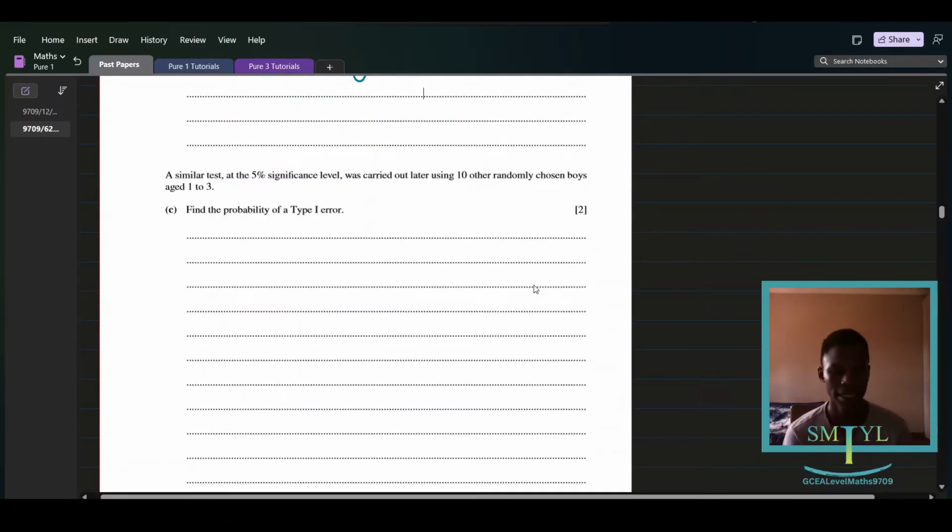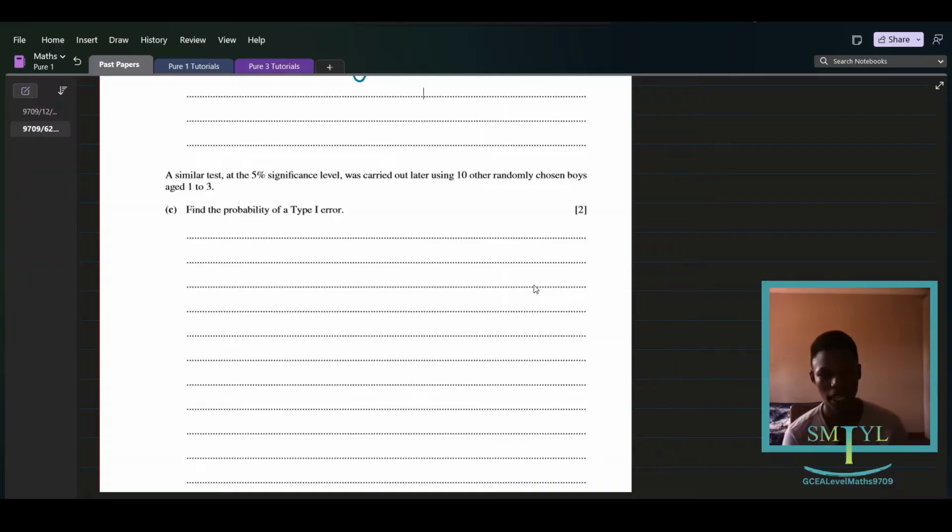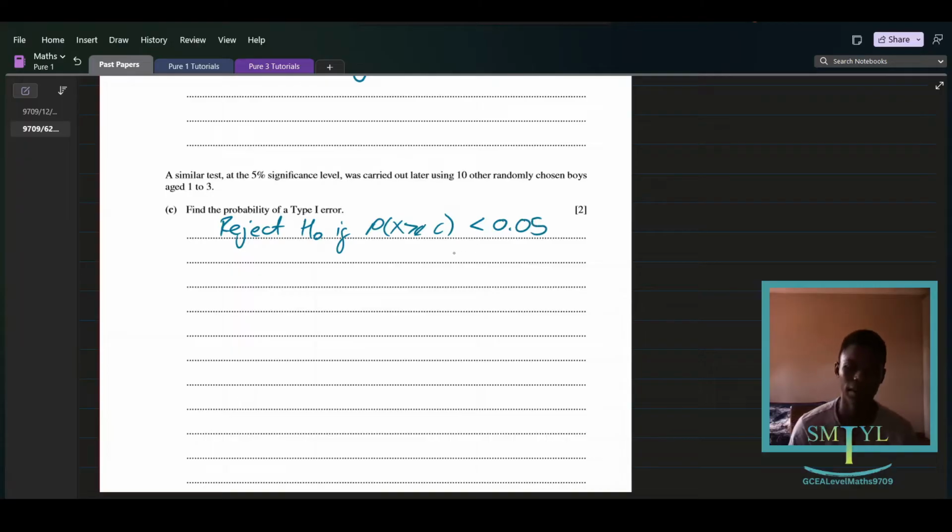A similar test at the 5% significance level was carried out later using 10 other randomly chosen boys aged 1 to 3. Find the probability of a type 1 error. Okay, so from our earlier test, we said our rejection rule would be reject H0 if the probability that X is greater than or equal to C is less than 0.05.